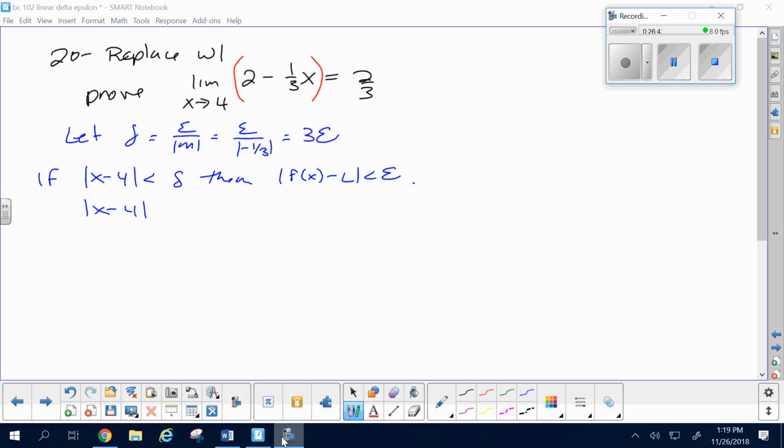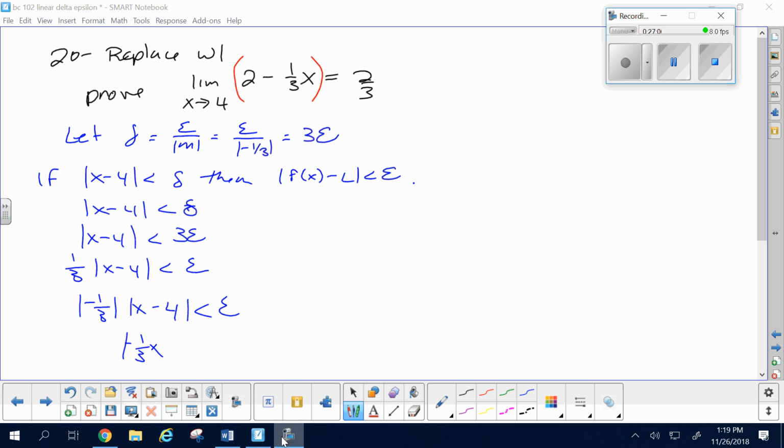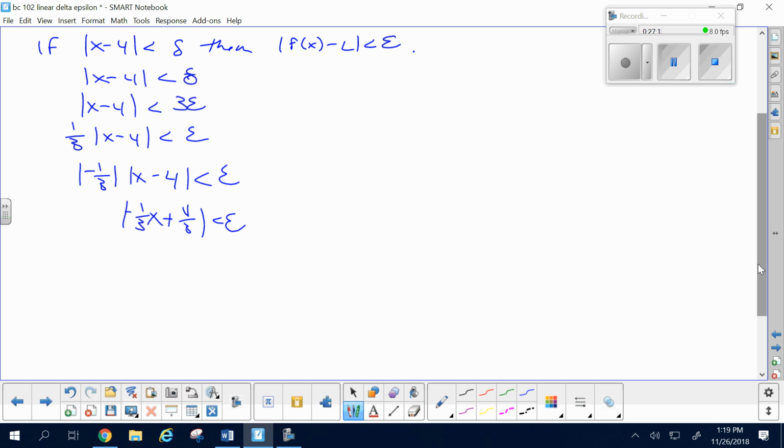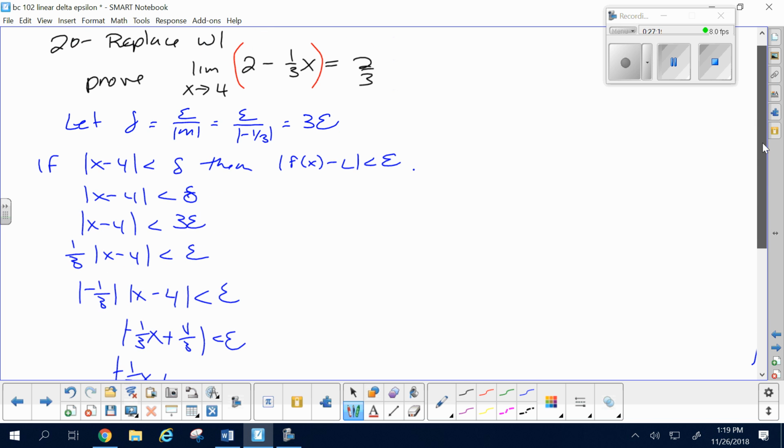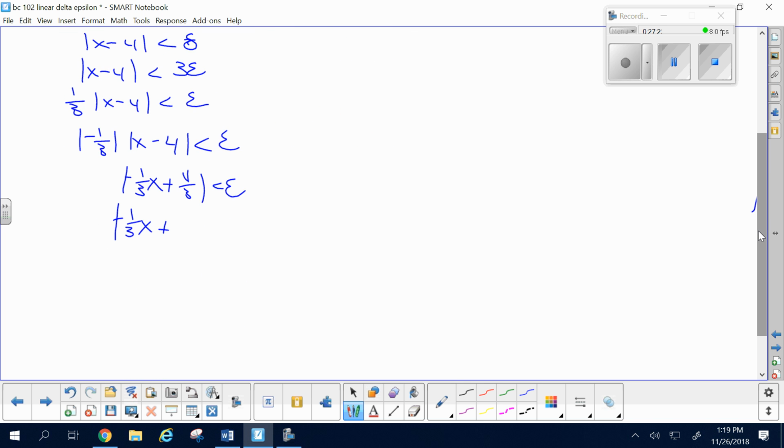So let's start with |x minus 4| is less than delta. And that means that |x minus 4| is less than 3 epsilon, which means 1/3 |x minus 4| is less than epsilon, which means the absolute value of negative 1/3 x plus 4/3 is less than epsilon, which implies that negative 1/3 x plus 2 minus 2/3, so plus 6/3 minus 2/3, yeah, that makes sense.